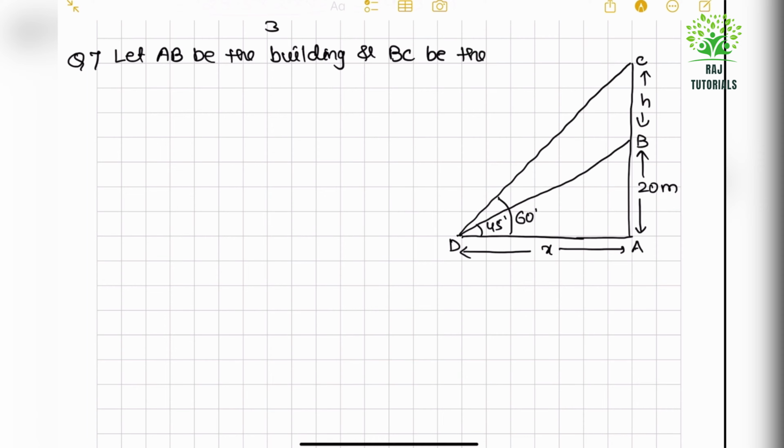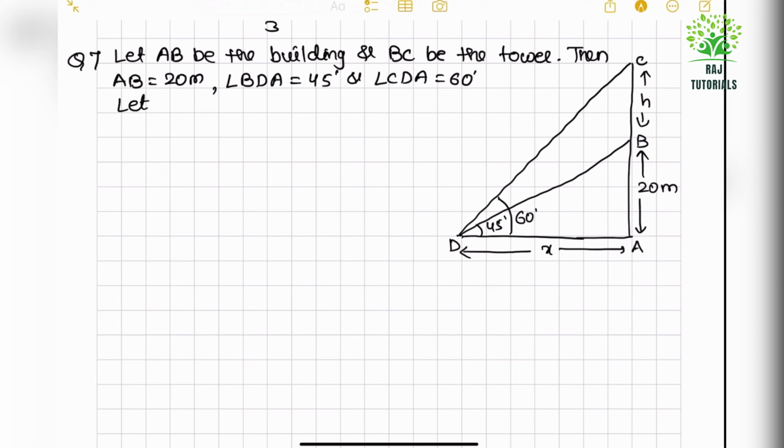So here if I take, let AB be the building and BC be the tower or the transmitting tower, then AB equal to 20 meter, because they have said the building is 20-meter high, and angle BDA will be 45 degree and angle CDA will be 60 degree.